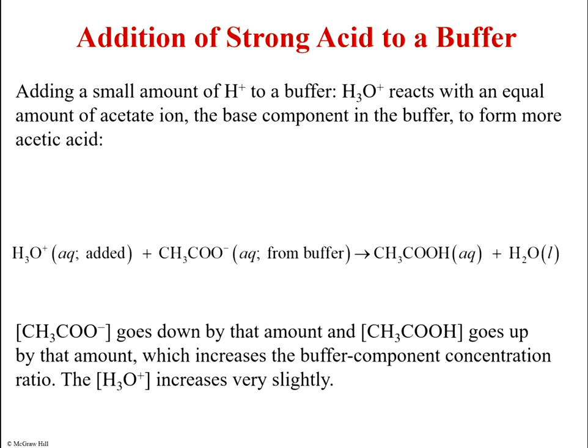So the acetate ion acts as sort of a buffer or a reservoir to absorb any strong acid that is added. The acetate concentration will go down by the amount of acid that we've added, and the acetic acid will go up by that amount, which will increase the buffer component concentration ratio. That is, that weak acid to weak base ratio. And so the proton concentration or hydronium ion concentration will increase very slightly, and the pH will decrease a very small amount.